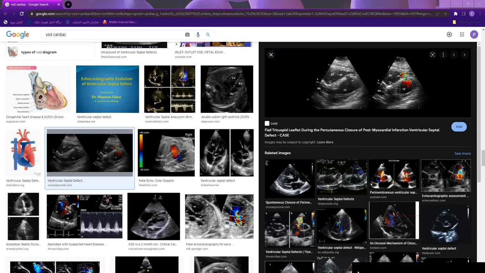In old men, after MI, the septum may rupture, and we have a non-congenital VSD. So in old people, when the septum has an aneurysm or dyskinesia, we must detect the VSD by color and Doppler echocardiography.